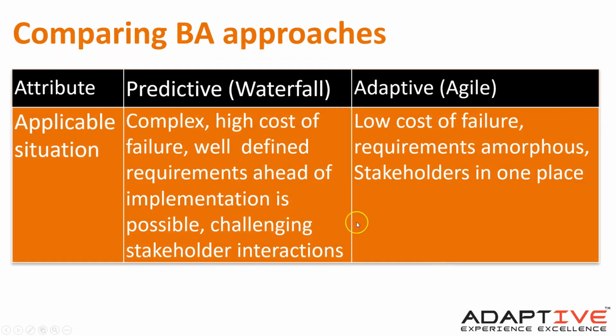In predictive, if you have something really complex, really risky, possibly regulatory compliance stuff, there are some situations where even if you're in an agile world, you have to lean more towards predictive.